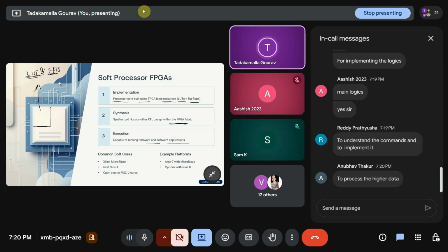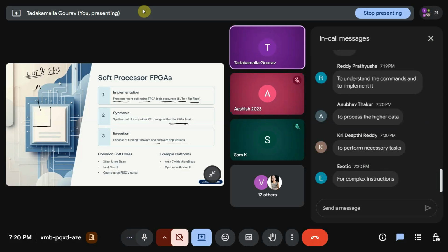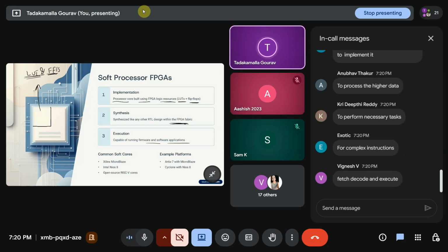See, whatever the higher abstraction level layers we are going to have, like your OS, operating system, or whatever the applications you are going to have, that is going to run in a processor itself. The FPGA is not going to run all those operating systems.